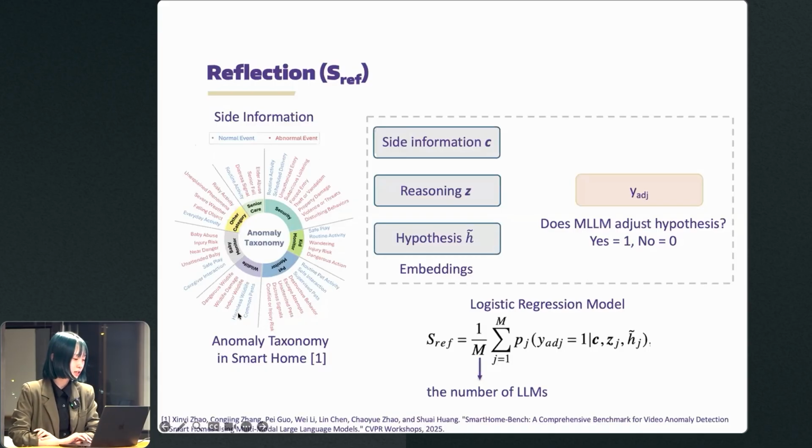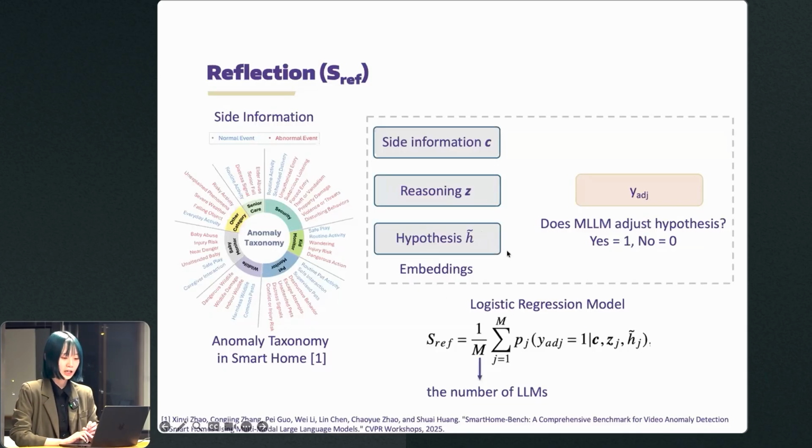This is an anomaly taxonomy in smart home, which is built based on our prior work called SmartHomeBench. This side information includes the definitions of the abnormal events and also the normal events, and also our anomaly rules.